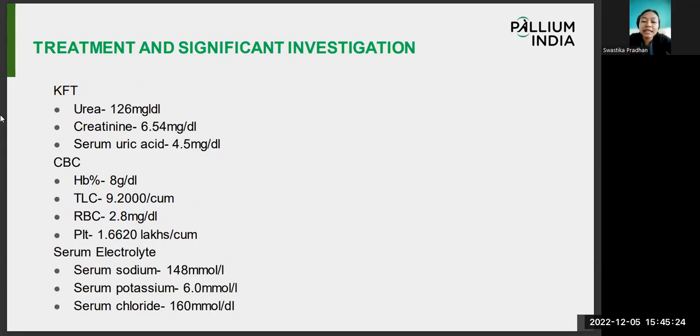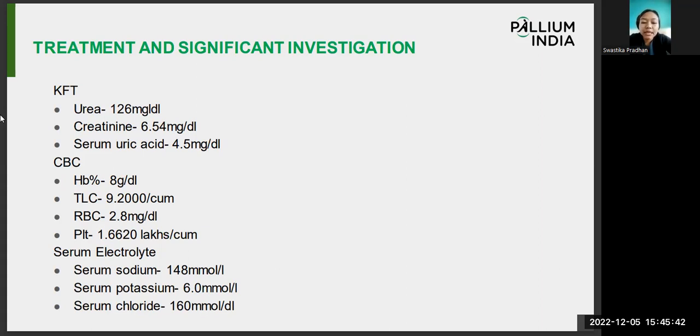Treatment and significant investigations. Under KFT: urea 126 mg per dl, creatinine 6.54 mg per dl, serum uric acid 4.5 mg per dl.